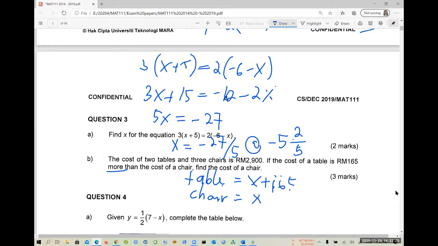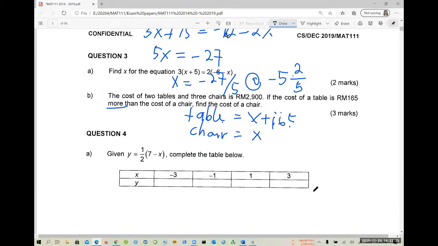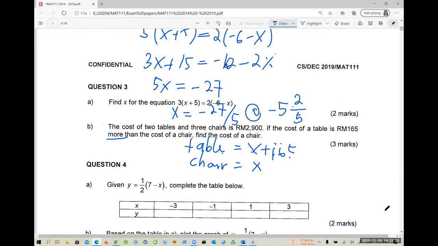And you know that the cost of 2 tables and 3 chairs, so that means 2 times x plus 165, so 2 tables, right? So you know that in this situation, let me just rewrite this at the bottom here. So from this part, you have 2 tables plus 3 chairs.